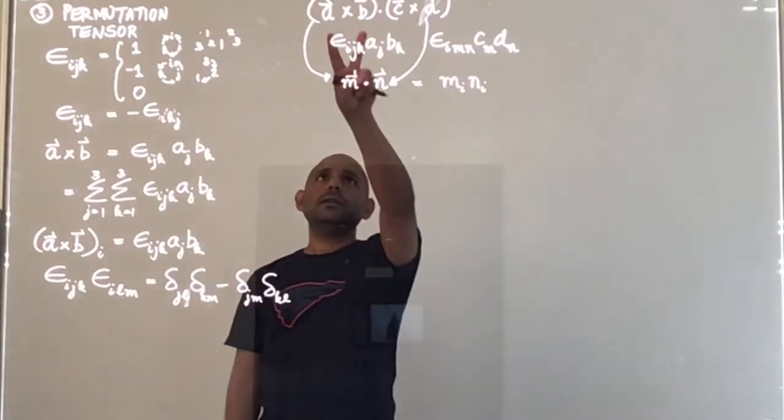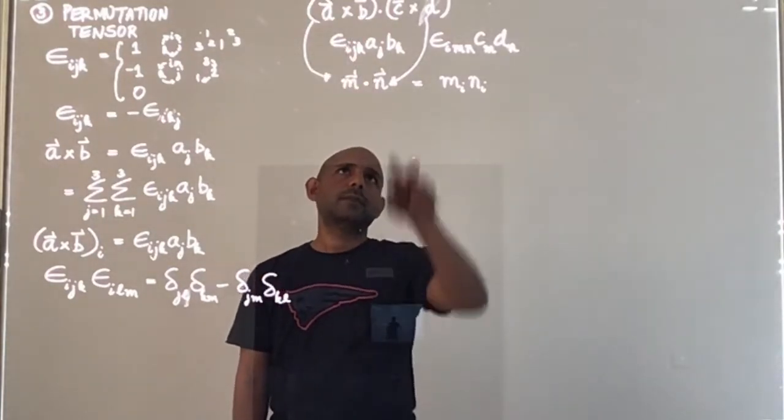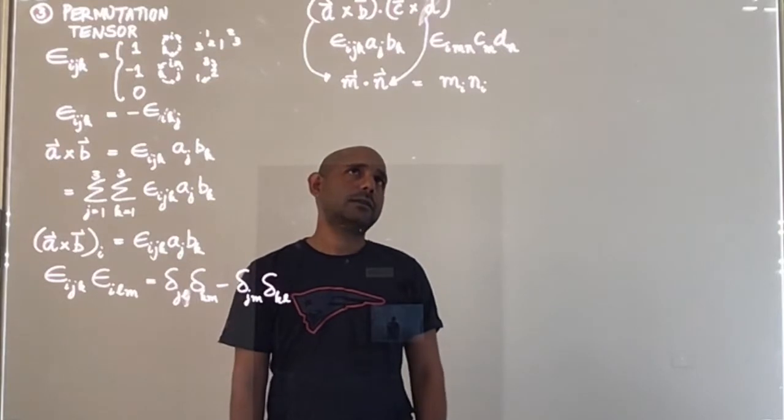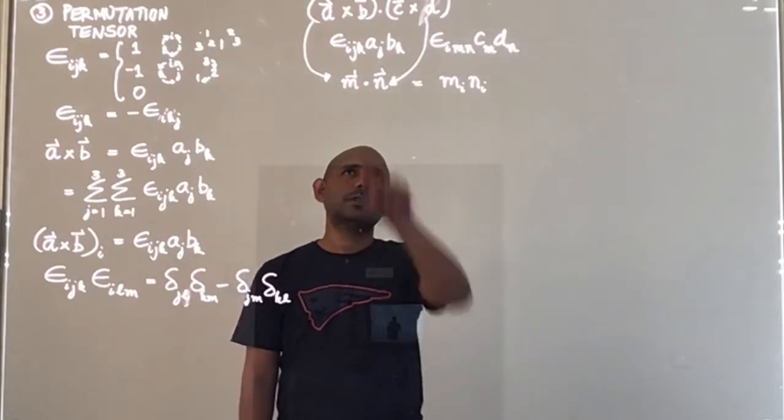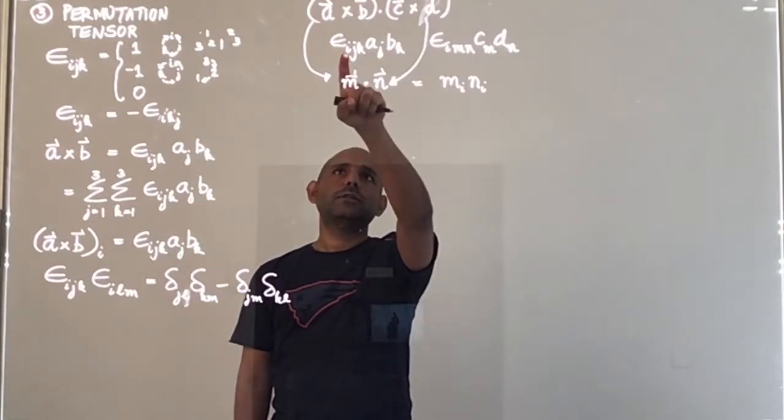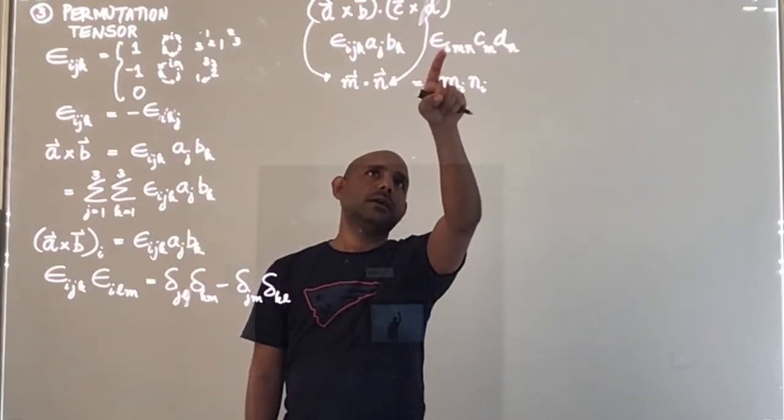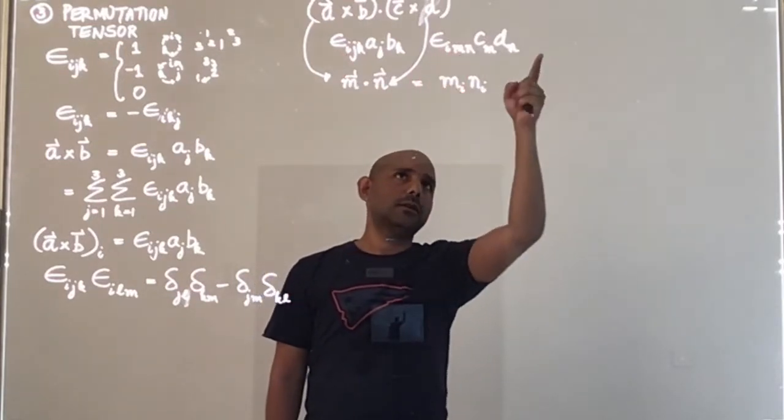So I need to take the ith component of A cross B and put it next to the ith component of C cross D, which is what I did here. The ith component is epsilon I dada, and ith component is epsilon I dada.